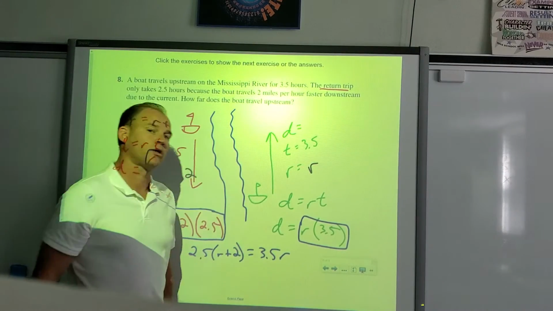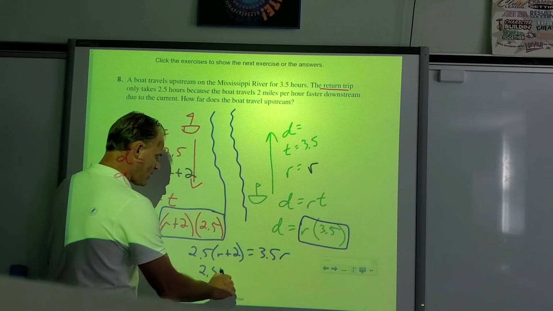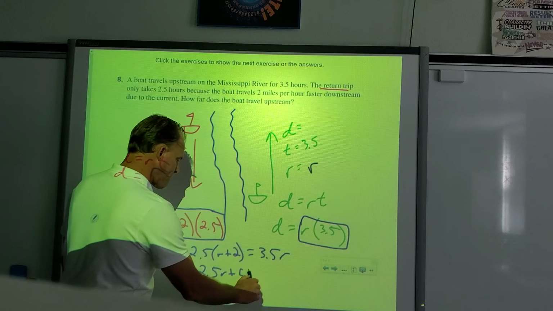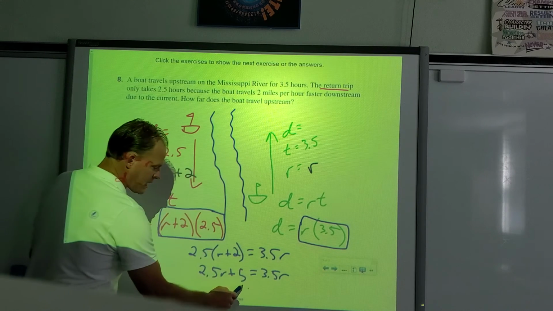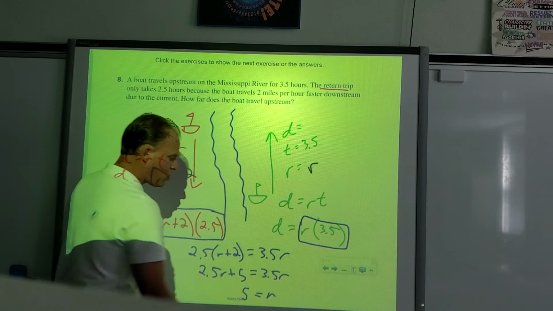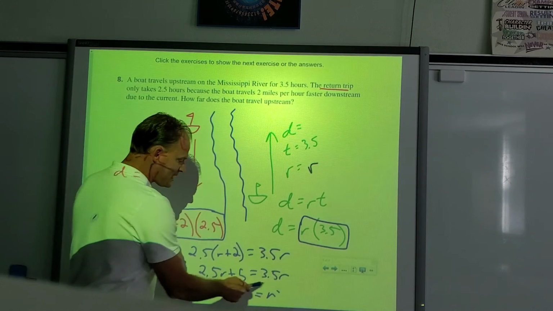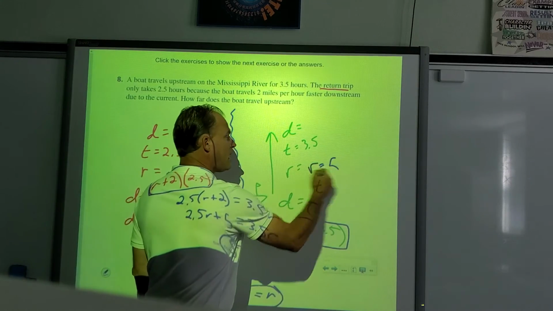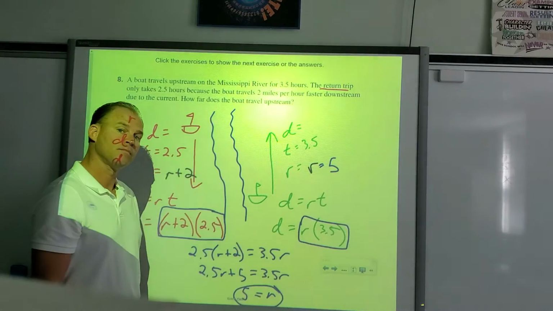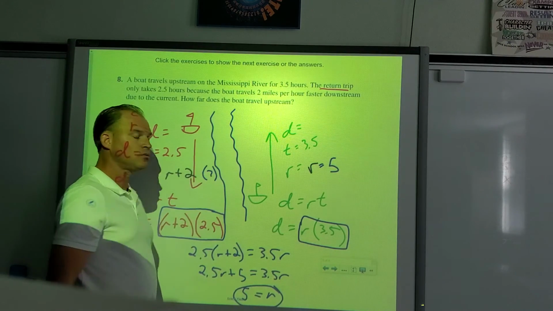So now we have variables on both sides. I see some distribution that needs to be taken care of. I subtract, and I get 5 equals R. So how far does the boat travel upstream? This tells me the rate when it was going upstream is 5. The rate downstream would be 7.